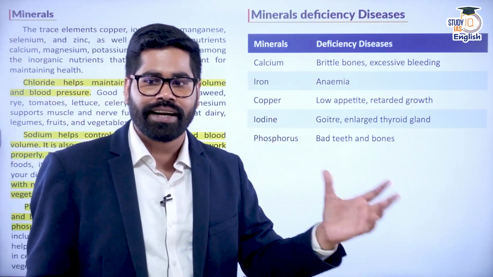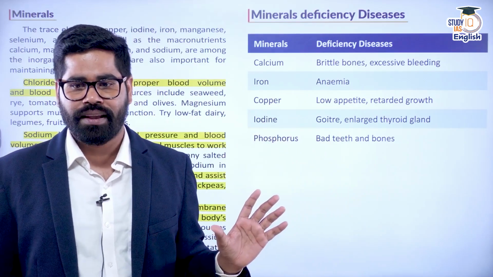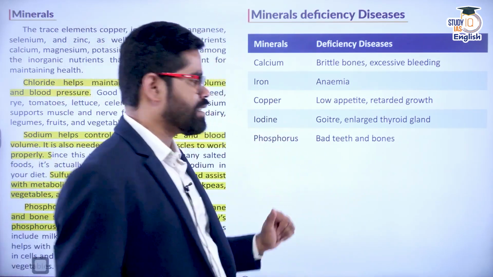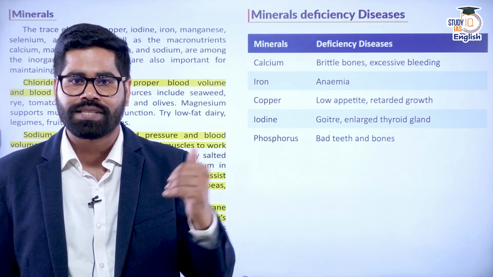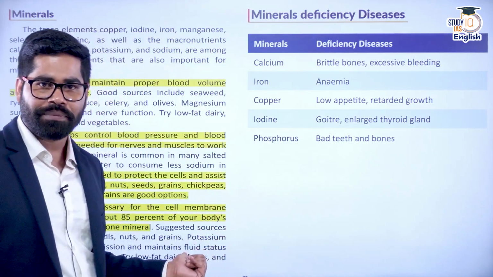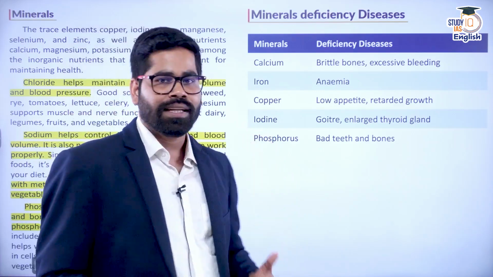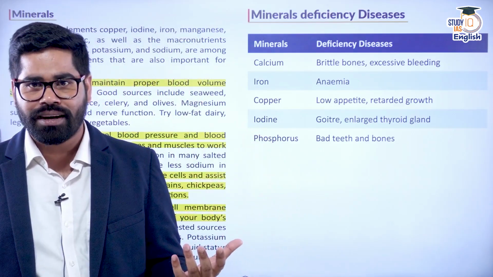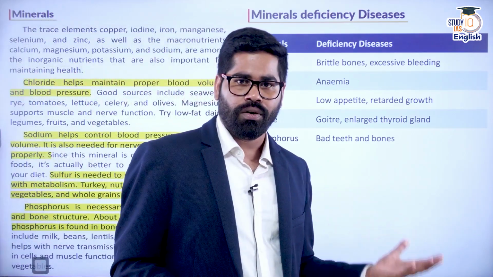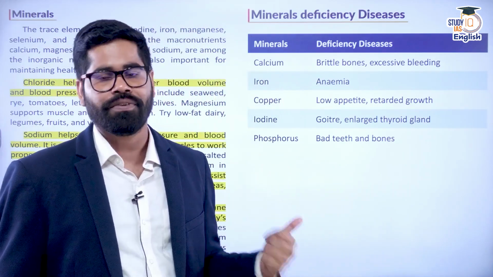Even retarded growth can be witnessed. Whereas if phosphorus is less, bad teeth and bones are there. We have seen phosphorus is very much important for the bone structure. And with iodine, the thyroid gland can be enlarged. There can be goiter also due to deficiency of iodine.